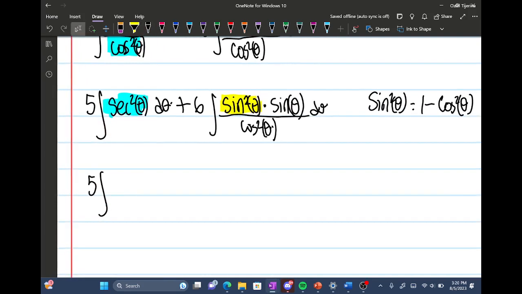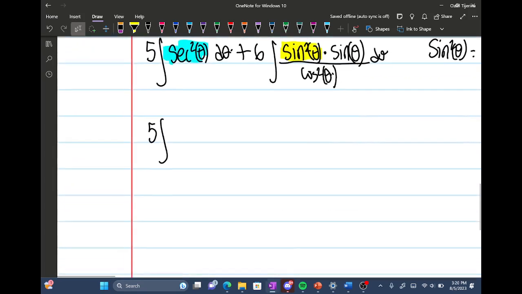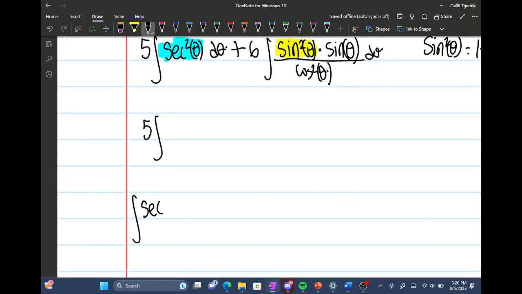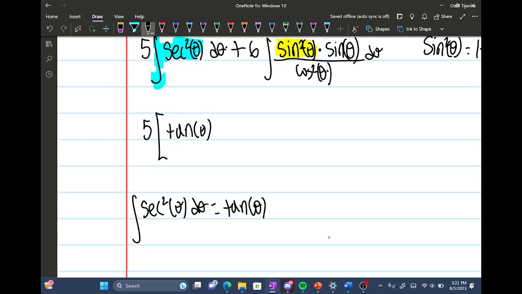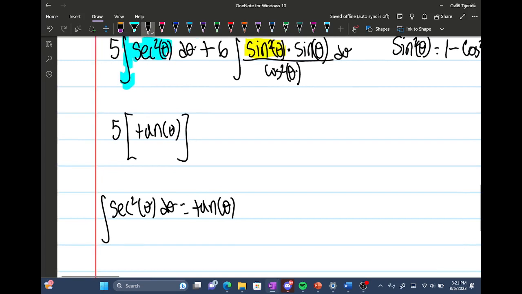Okay, so we know that the integral of secant squared theta is a common trigonometric integral. It is equal to tan theta. So this entire integral becomes 5 times tan of theta, and that gets rid of that.